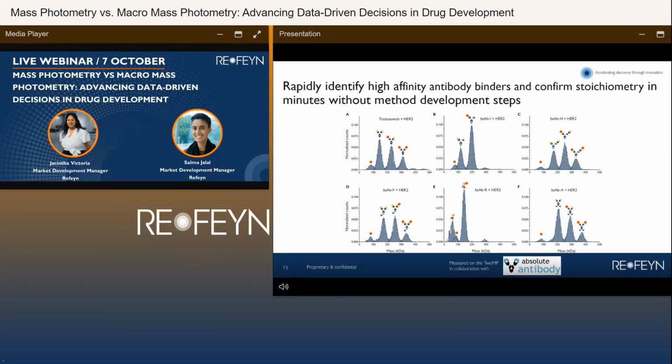And here, this bispecific is only a 1-to-1 binding. So you could check that you had the right binding stoichiometry in these samples with a 1 minute measurement using nanograms of sample. As long as the affinity is in the nanomolar range, you're able to rapidly identify high affinity binders and confirm their binding stoichiometry in minutes with nanograms of sample.